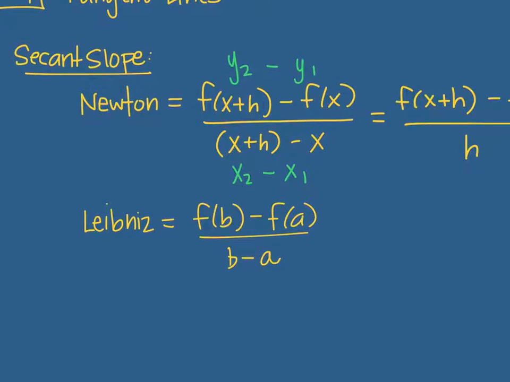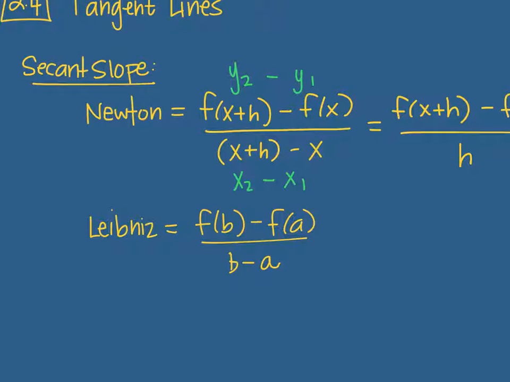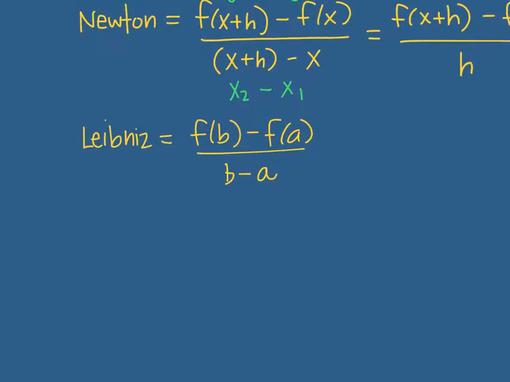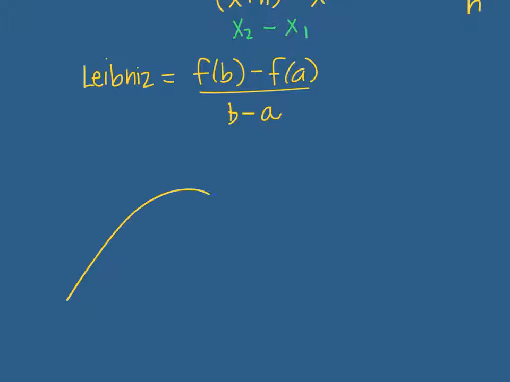To get from a secant slope to a tangent slope, the points have to be so close together that they're practically on top of each other. So if you're looking at any old curve, and here was your x, and here was your x plus h, h is really big in that sense. H is very far away.